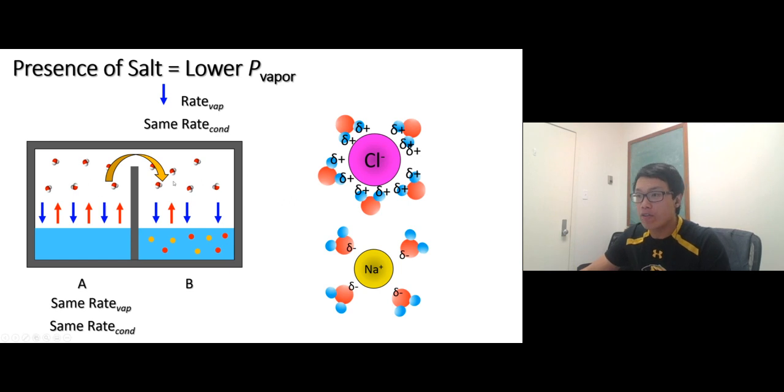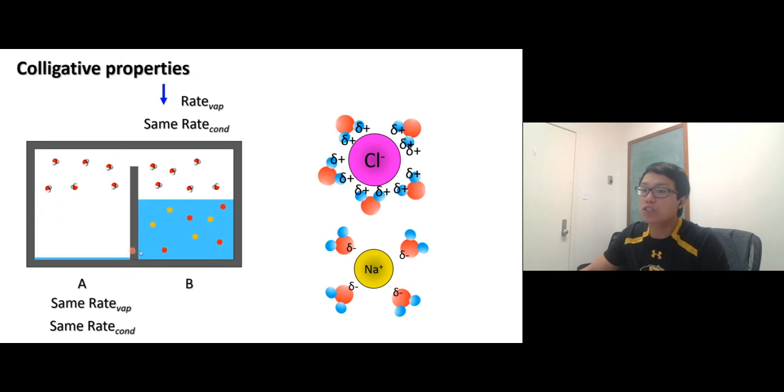Okay, and over time, since the vapor in compartment A is losing to compartment B, the rate of vaporization in compartment A goes higher and higher and higher. So it just keeps trying to stay at equilibrium, but never reaches equilibrium in here. Eventually, the amount of water in compartment A is going to be lower, and it's gone. All right. So it's all about this salt, right?